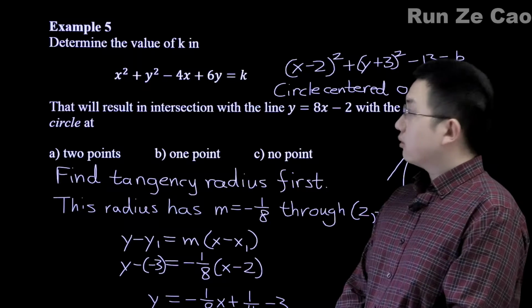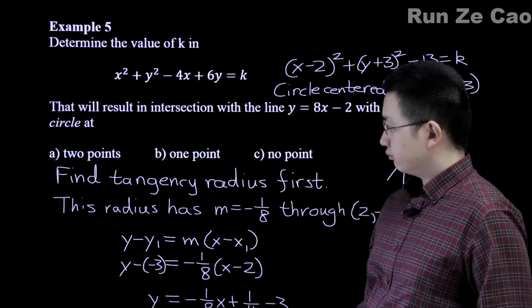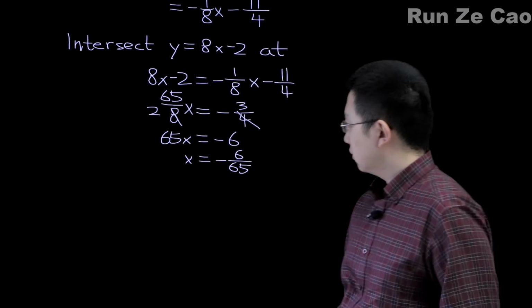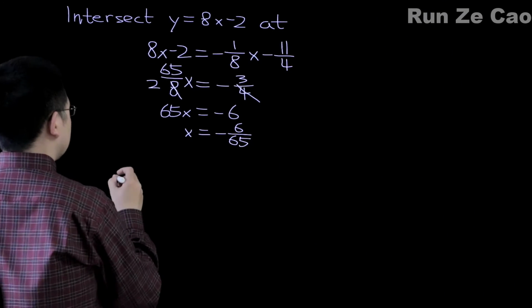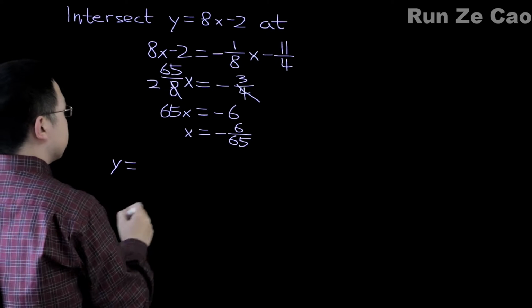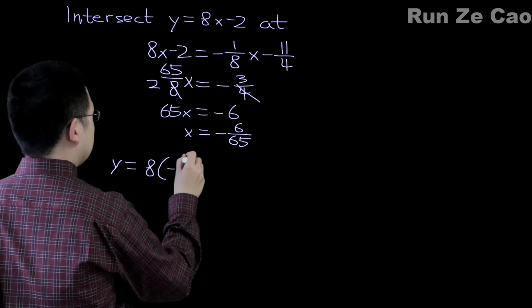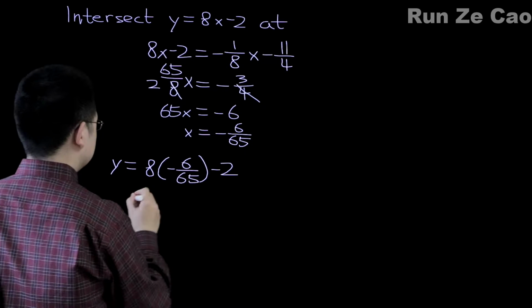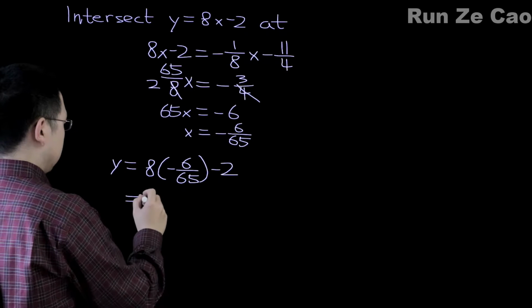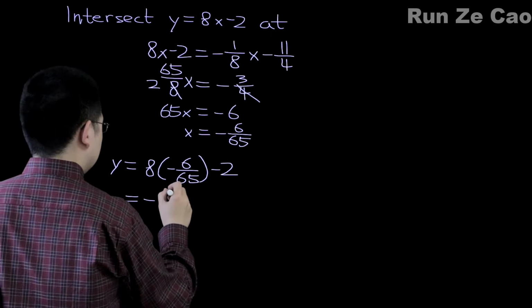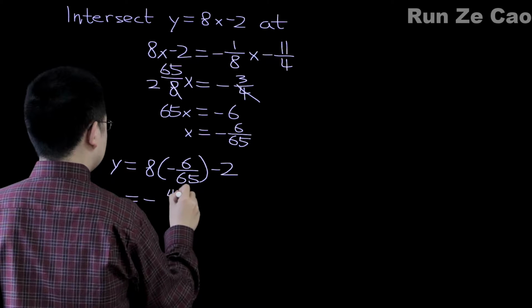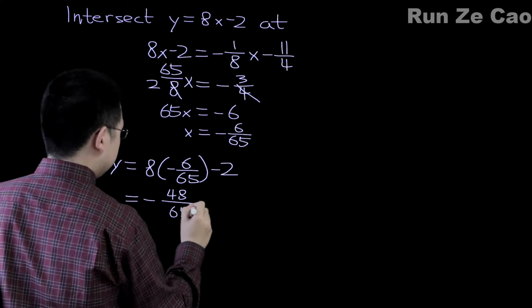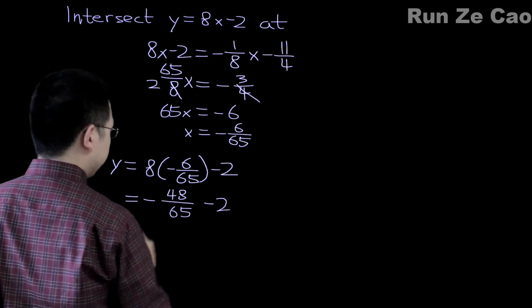And then we can find the radius of the circle. y equals 8 times negative 6 over 65 minus 2 equals negative 48 over 65 minus 2.